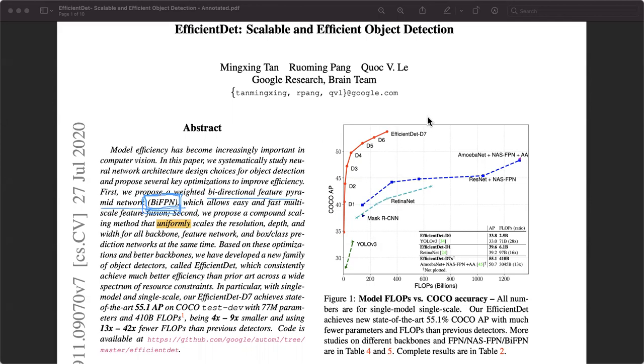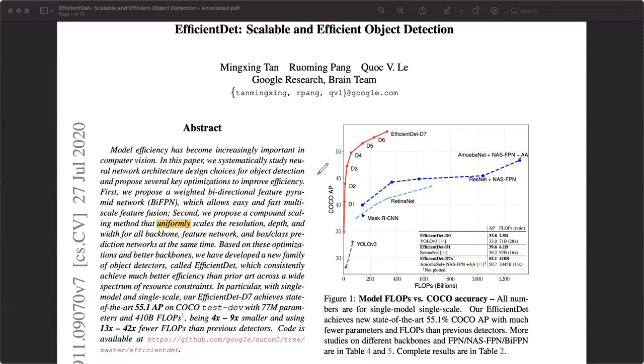The second one would be the main thing of scaling in terms of efficiency. To scale, they consider the resolution, depth, and width of the network, for different backbones and feature networks, jointly.